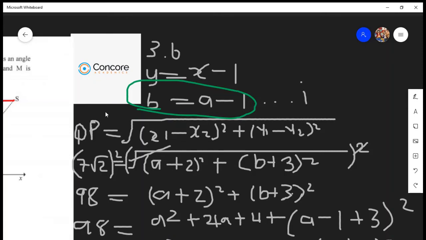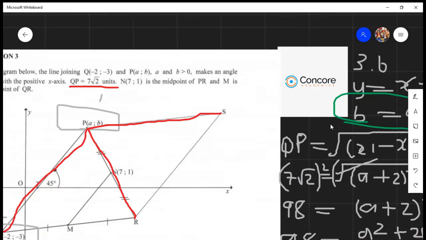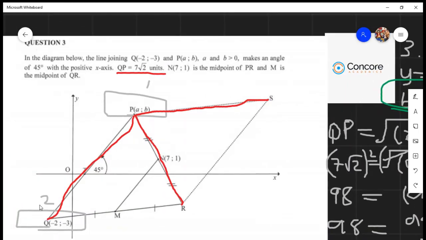Did the rest of you guys see me calculating that as well? Or did everyone not see that? Okay, because remember, we had our gradient of PQ as 1, right? And then I just chose my coordinate Q and substituted that into the equation of a line. And that's how I got my y is equal to x minus 1.